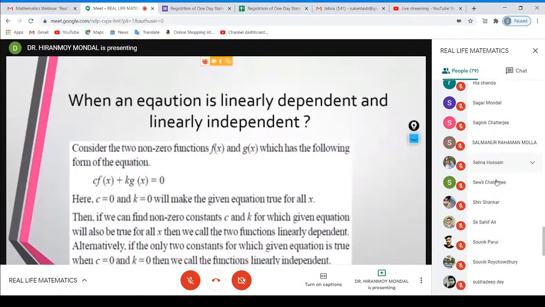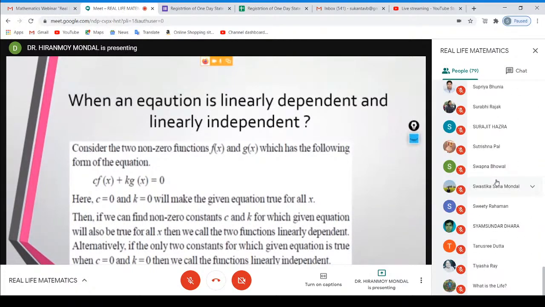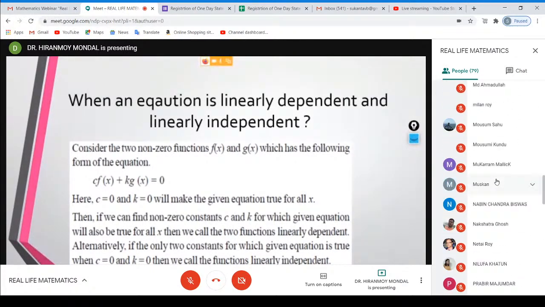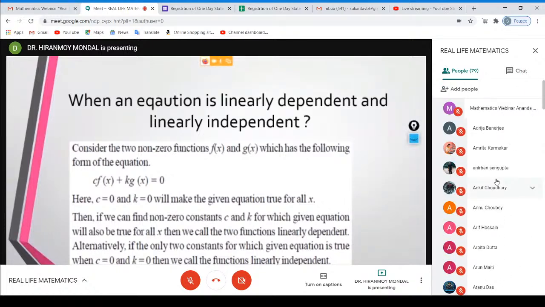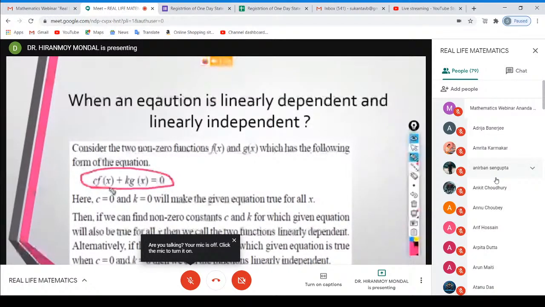And another topic: when is an equation linearly dependent and linearly independent? Suppose we see one equation, c f(x) plus k g(x) equal to 0, with non-zero functions f(x) and g(x).